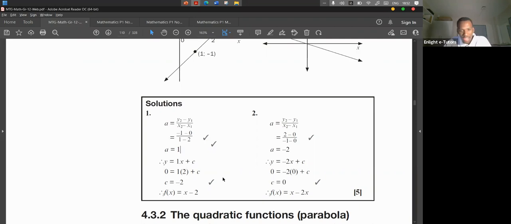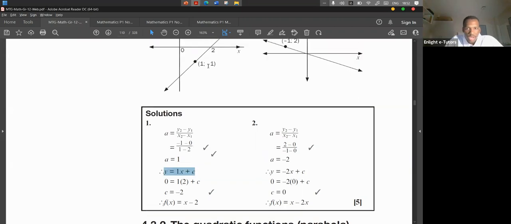For the x-intercept, y is 0. But here we are not calculating the x-intercept. You understand? Your equation is going to be like this. From there, you take the point they gave you, which is -1 and 1. You put them here, calculate, and then you get this equation. It's positive, which means it faces the other direction.